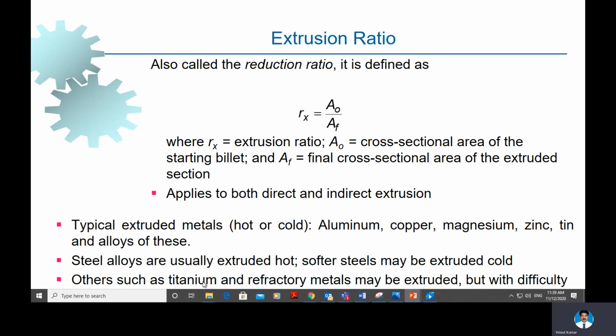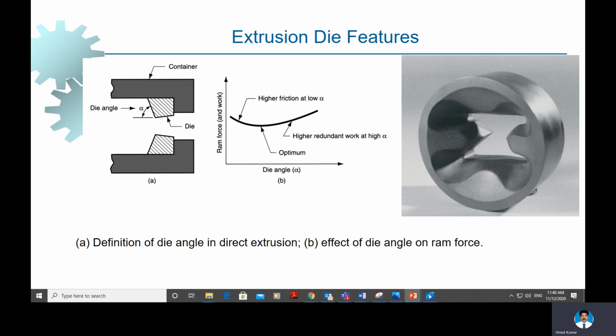Other metals such as titanium and refractory metals may be extruded, but with certain difficulties. So aluminium, copper, magnesium, these metals can be extruded very easily in comparison with hard metals like steel alloys and titanium.